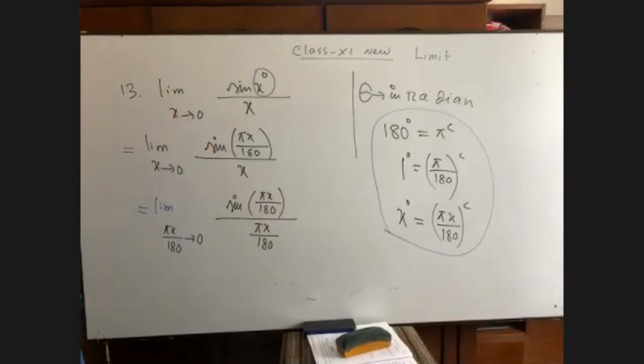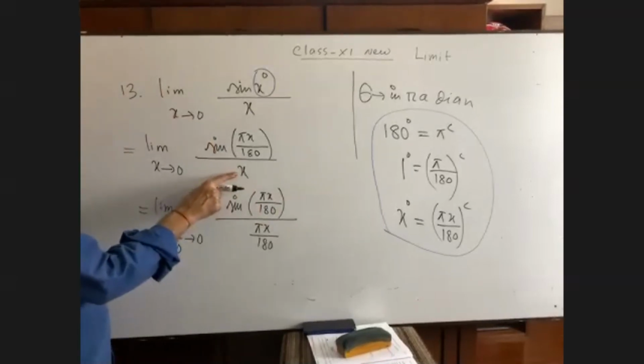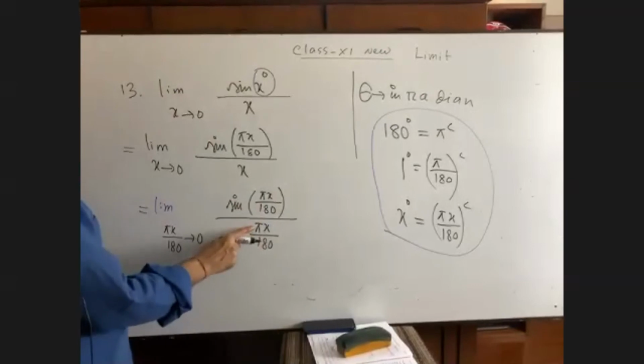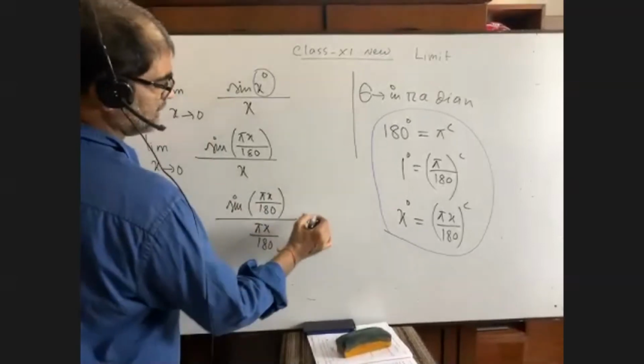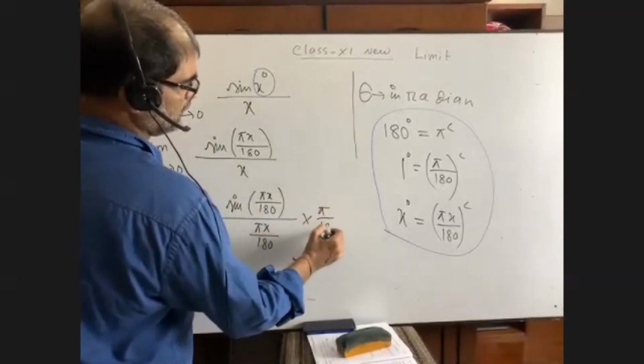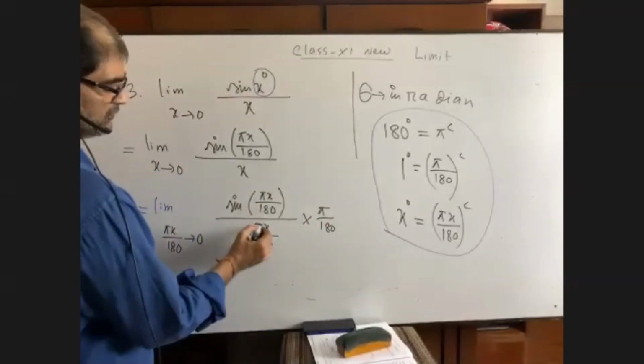Now you see here in the denominator there is x, here also x, pi by 180. Talk to me. This pi by 180 and this pi by 180 will be omitted.